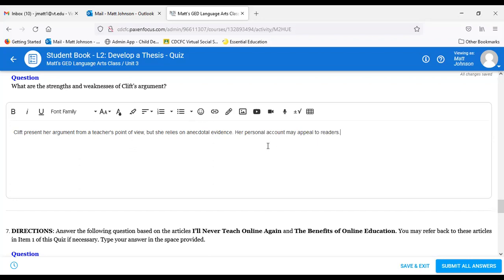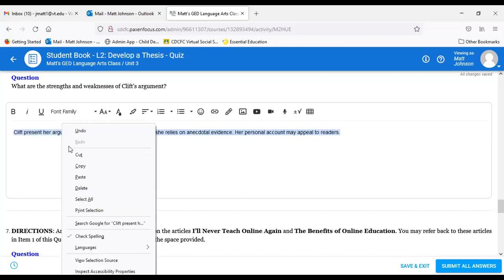So, the weakness there, she has a personal experience that may appeal to readers, but she's only relying on anecdotal evidence, right? She doesn't give us any statistics about the difference between online learners, their success rate, grade point average, dropout rate, any of that, anything that would help make her case.